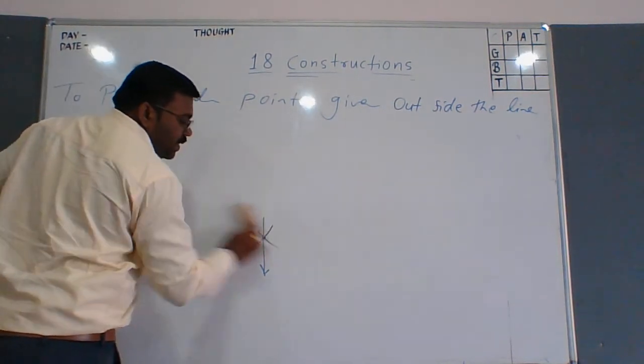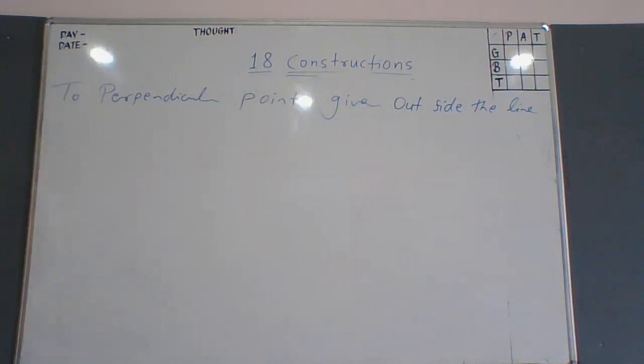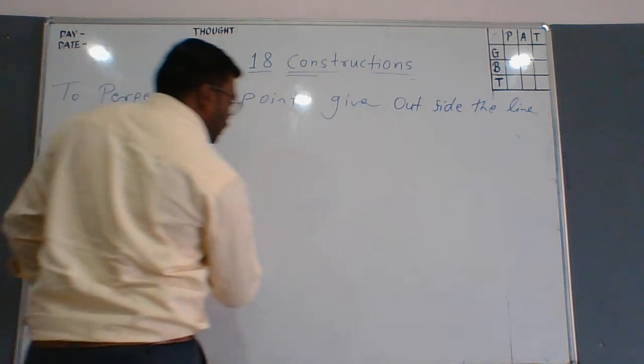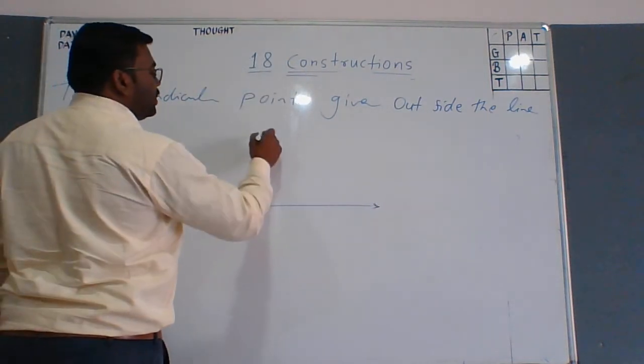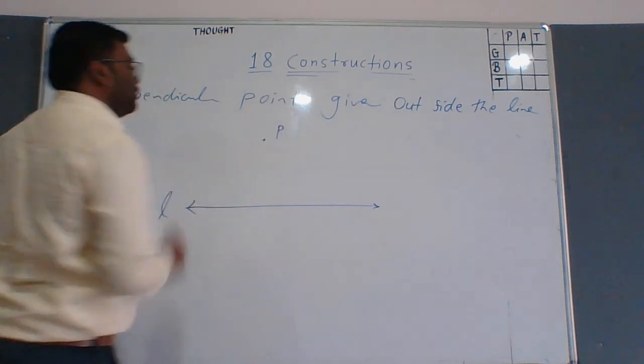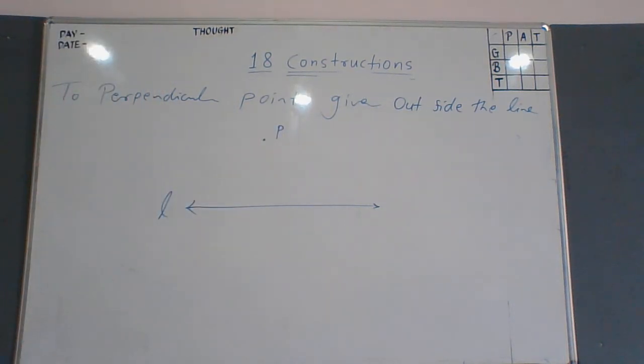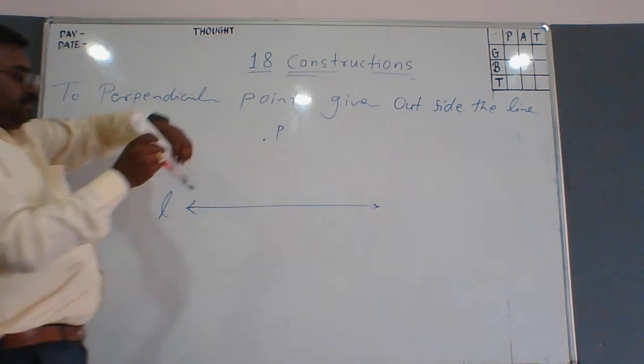Now, if the point P is not on the line, then see how to draw the construction for the perpendicular. So again, this is supposed to be a line L and point P this time is given outside the line. Here is the point P. And from point P, we want to draw the construction for it. Now see what is the procedure here.